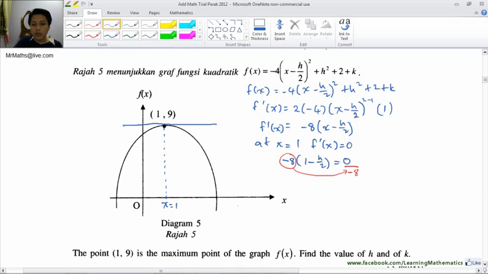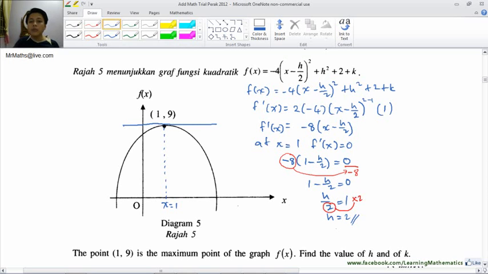Then you are left with 1 minus h over 2 equal to 0. That means h over 2 is 1, and as such h is equal to 2, because we transfer the denominator 2 to the other side, it becomes multiplied with 2, because we need to leave only h on the left hand side of the equal sign. So this is the answer for h.